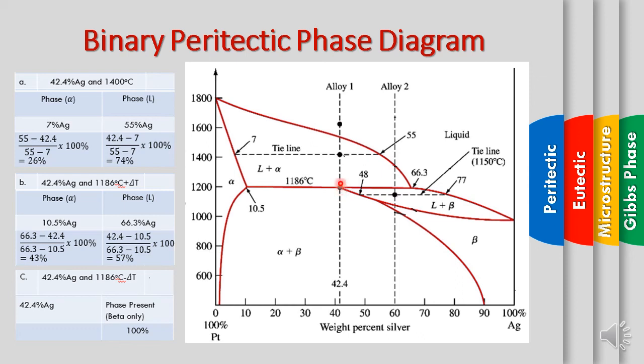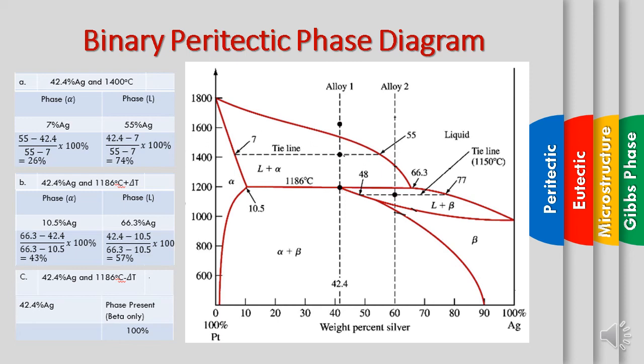So what will happen? Previously, we already discussed the microstructure and also the composition of alpha, liquid, and beta, and in this slide we will discuss the amount of each phase, for which we will use the lever rule.